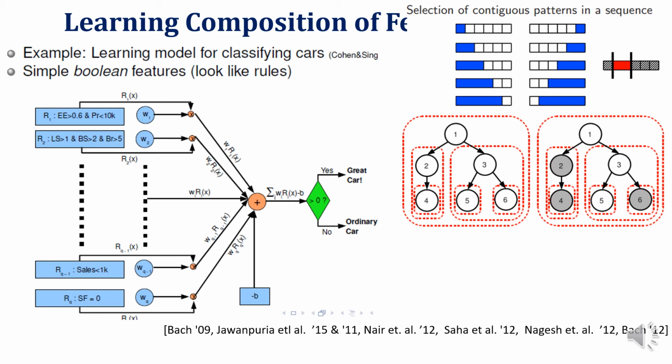Now it turns out that you're actually searching a large search space. The search space can get even more complex if you're looking at, say, patterns, not just conjunctions but sequences. So selection of contiguous patterns in a sequence.